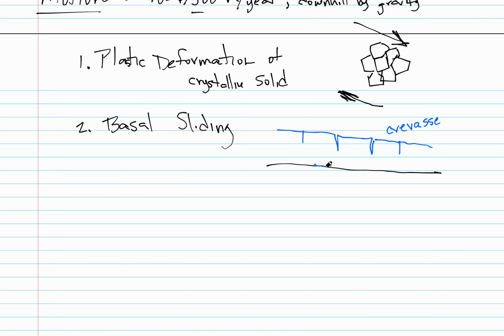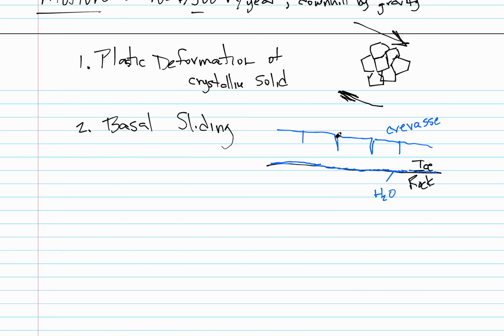Let's add a little bit of water. Because just like with ice skates, which slip along the ice surface because of a lubricating layer of water, there tends to be a little bit of water between the rock and ice interface. Rock and ice. And that lubricant allows sliding and slip to occur.